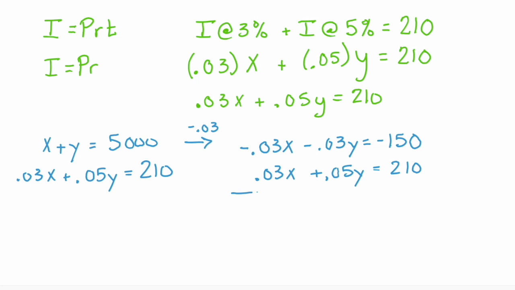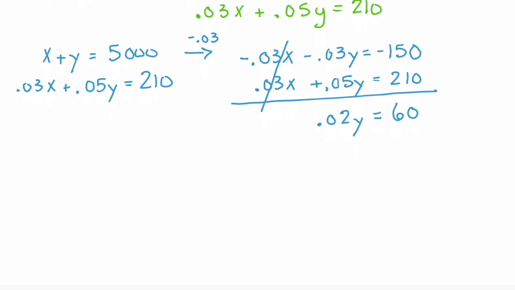Now we can use elimination and add these two equations together. The x's eliminate. They get canceled out. And for the y's, we have negative 0.03 plus 0.05, or 0.02y, equals 210 minus 150, which is 60.